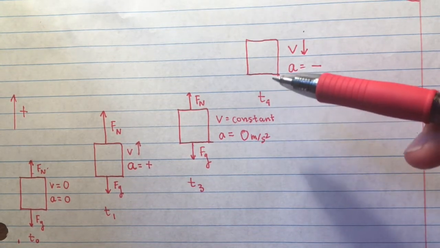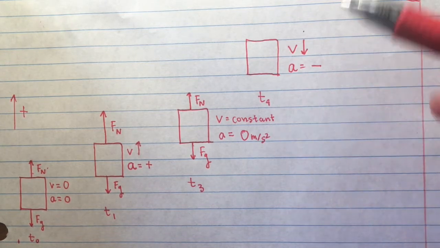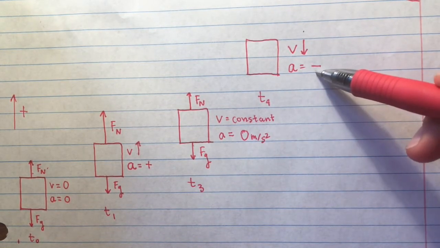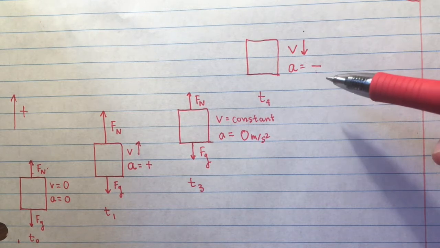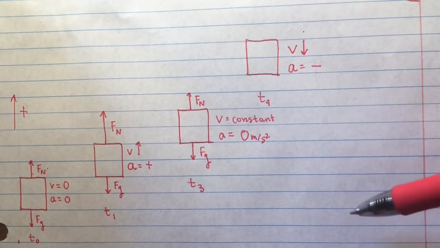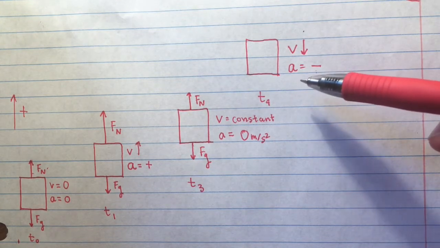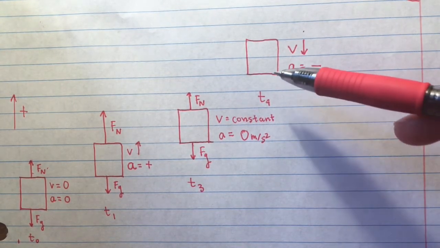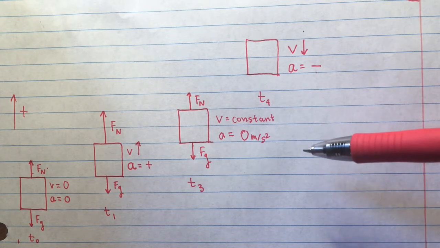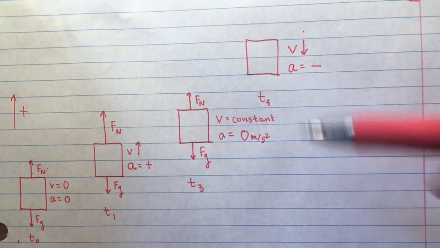And because that net force is going to be in the downwards direction, that is why our acceleration is negative, because we said downwards is negative and the direction of the net force is the same direction as the acceleration. So if the net force is downwards, the acceleration is downwards and thus negative.